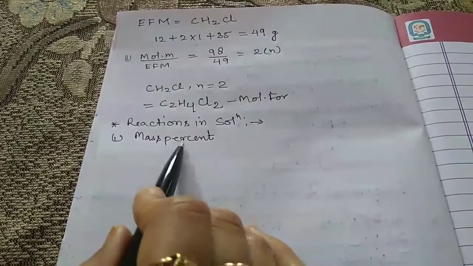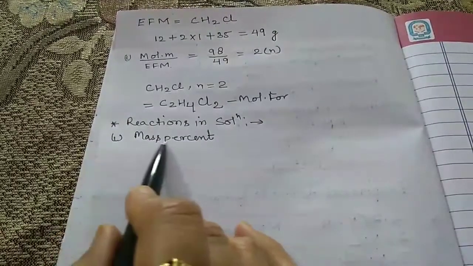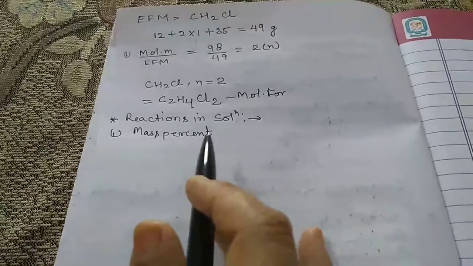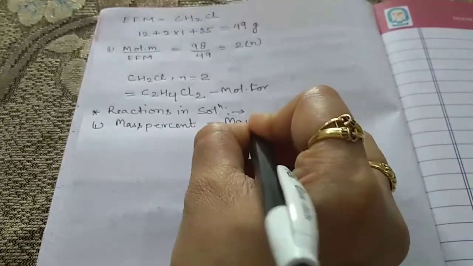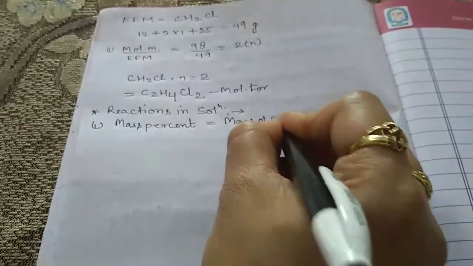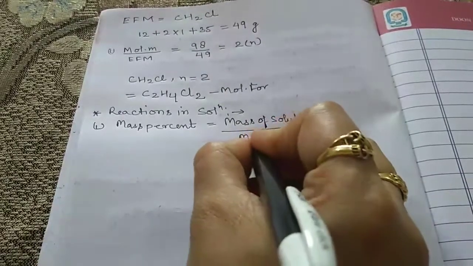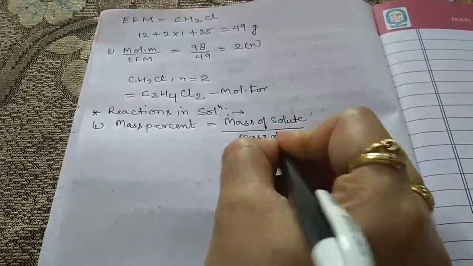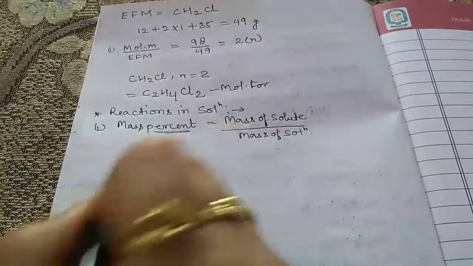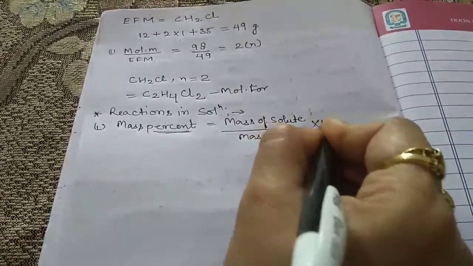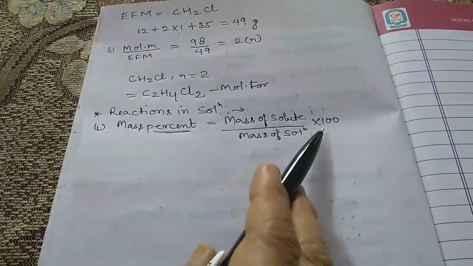The mass percent is expressed with the help of the formula: mass percent is equal to mass of solute upon mass of solution, and since we use the term percent, it will be multiplied by 100.